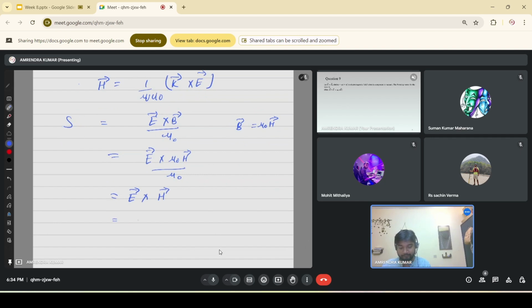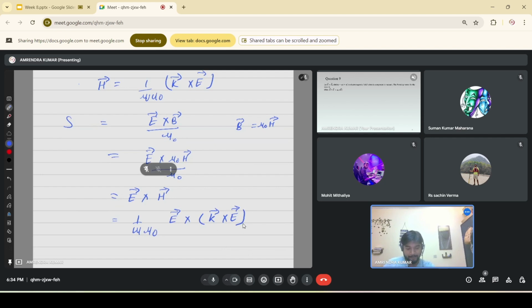So we have 1 over omega mu 0 E cross k times E. So this is the Poynting vector that we are interested in, and we can calculate this Poynting vector using this equation.